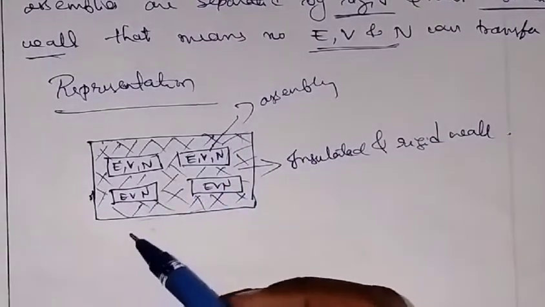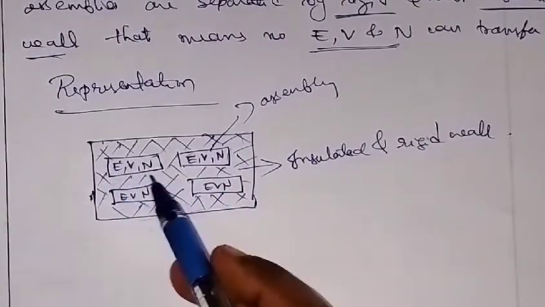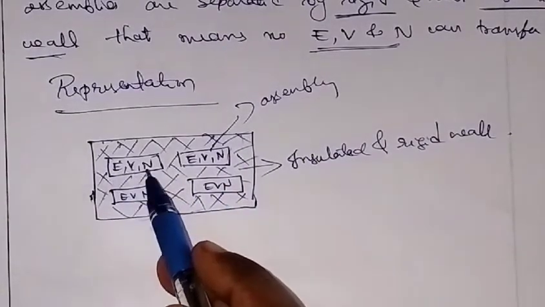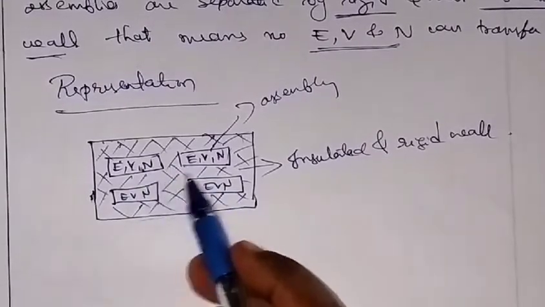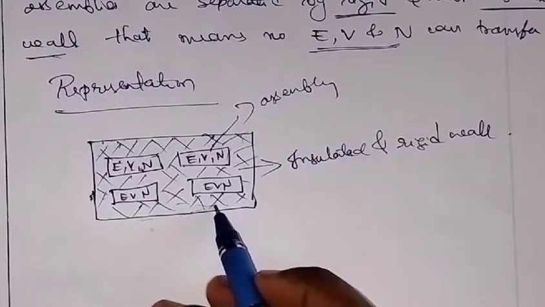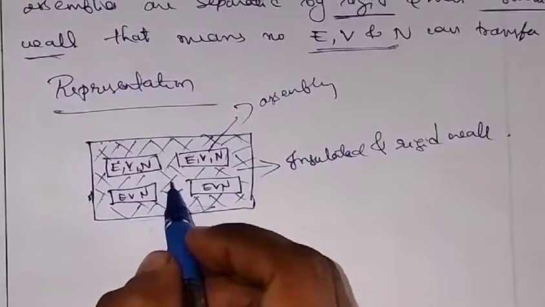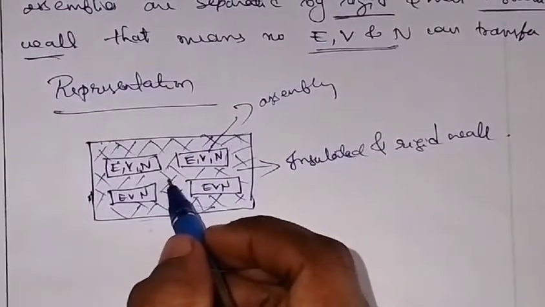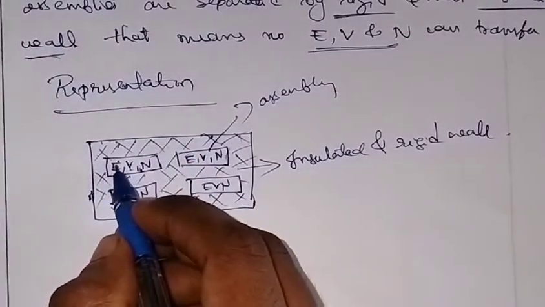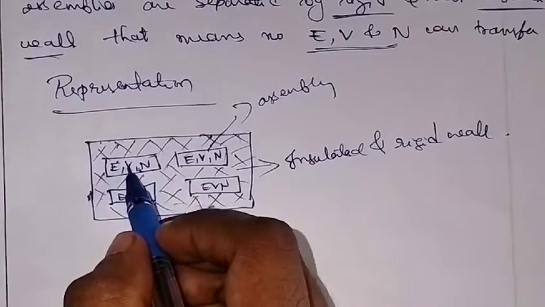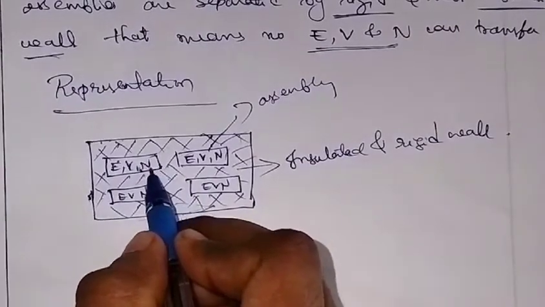It is a collection of a very large number of assemblies having the same energy, same volume, same number of particles, separated by rigid walls. Since it is a rigid as well as insulating wall, there will be no exchange of energy, volume or number of particles.